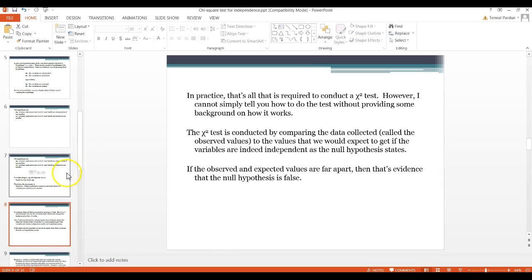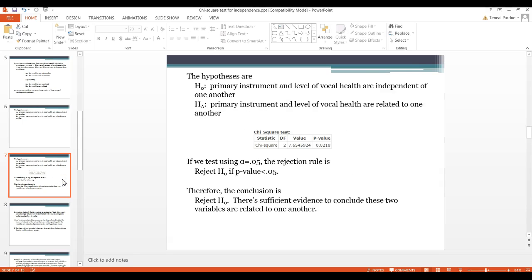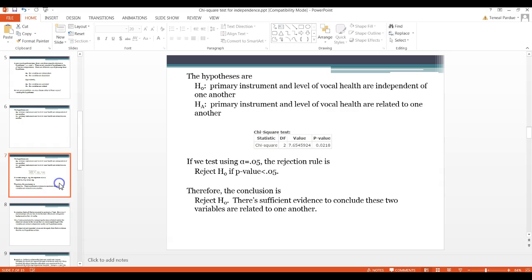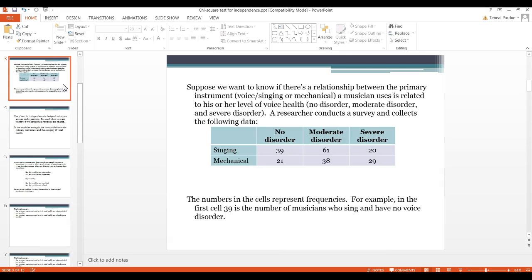So that's all you really need to be able to do to conduct the test. We'll get to the effect size in a minute. But I can't not tell you what's going on behind the scenes here. This data here is called your observed data. What happens with every chi-square test is that there's what they call expected data.